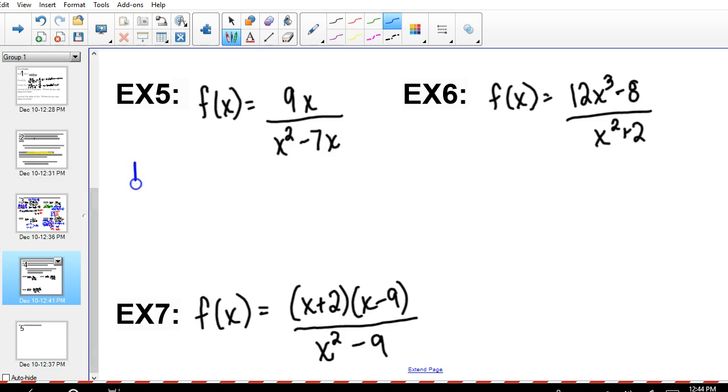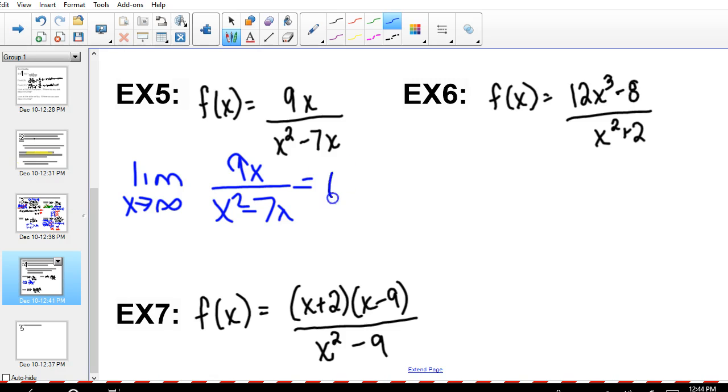Like for this first one, we would do the limit as x approaches infinity of 9x over x squared minus 7x. For this, we can use that trick that we learned on Tuesday, Bobo Botno eats DC. So is this one bigger on the top, bigger on the bottom, or exponents are the same? Bigger on the bottom, and whenever it's bigger on the bottom, what is our limit? It is 0.